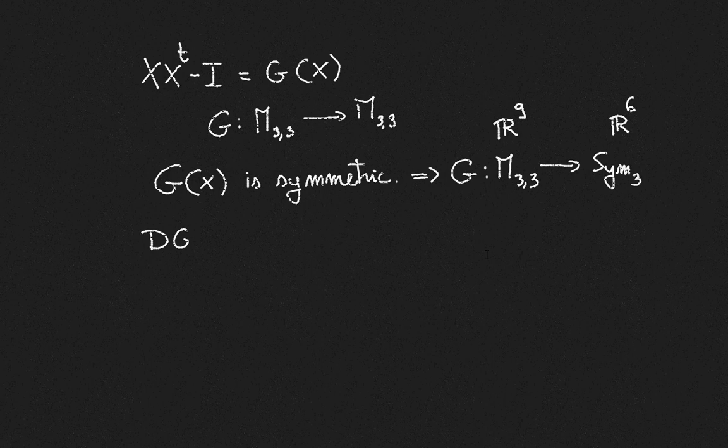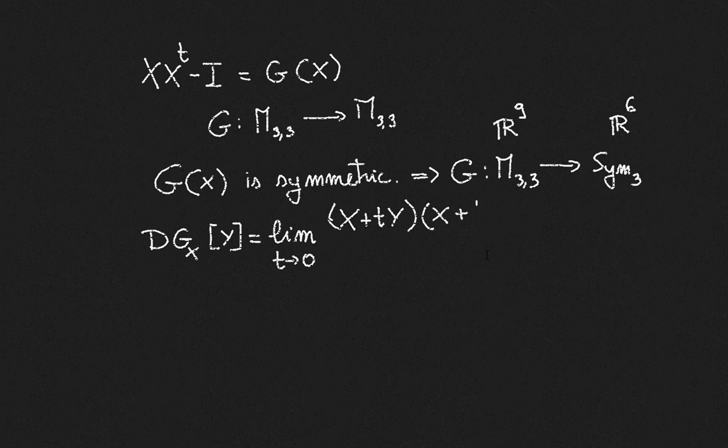Now, if we want to calculate the differential of G at X along a tangent vector Y, and the tangent vector in R^9 is again, I mean, a matrix, we have to calculate the limit for t going to 0 of this expression.